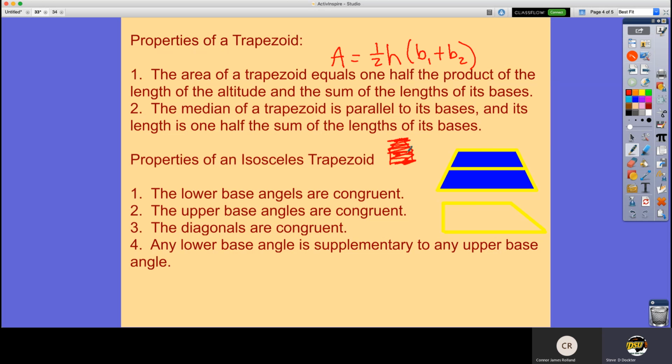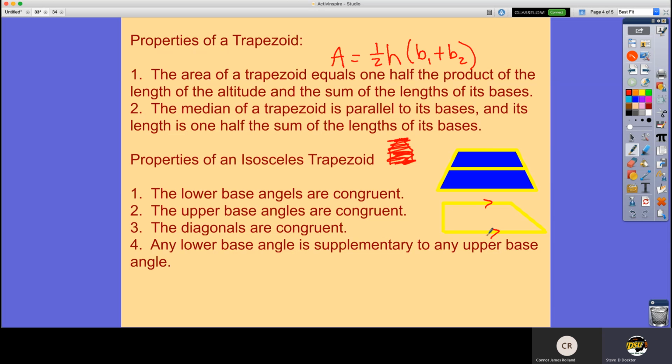Most of the time we see a trapezoid as this blue one that I have here, where opposite sides are also the same, but technically this bottom one that I have down here in just yellow is also a trapezoid. If I tell you that the top is parallel to the bottom, that's all it takes for it to be a trapezoid, as long as it is 4-sided.